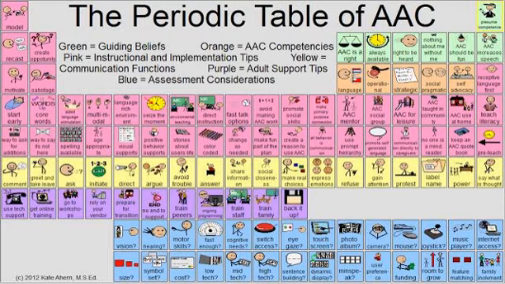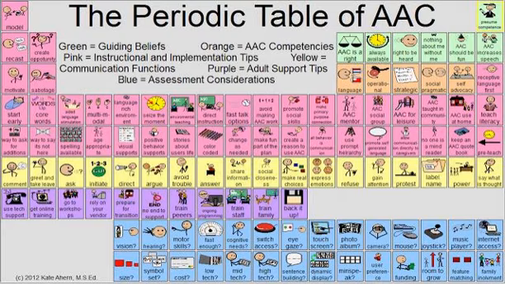Similar to the claims of parents using the picture exchange communication system, a lot of parents will decline using a speech generating device because they have this feeling that it's going to hinder vocal speech. But there is actually a lot of research suggesting that the speech generating device may help with the acquisition of speech, but using it alone may not facilitate vocal speech.